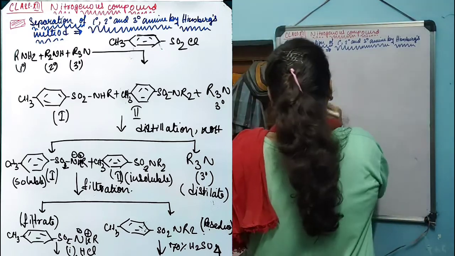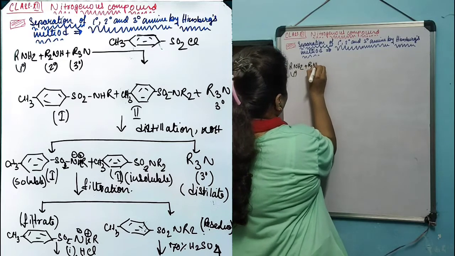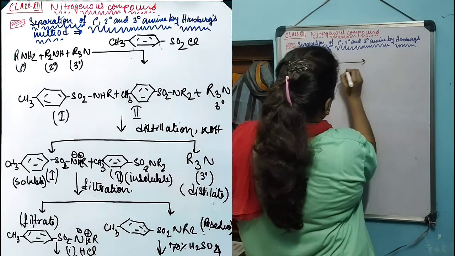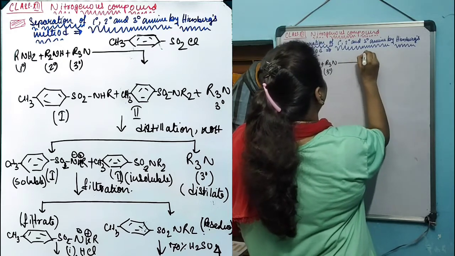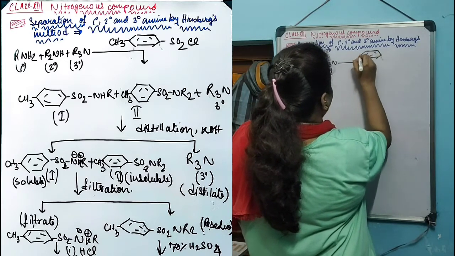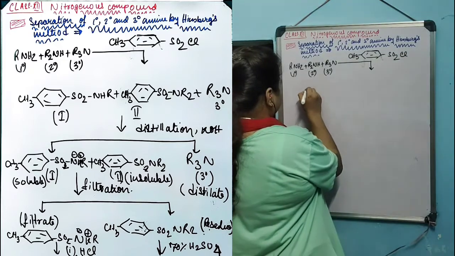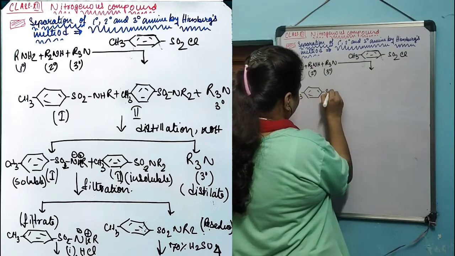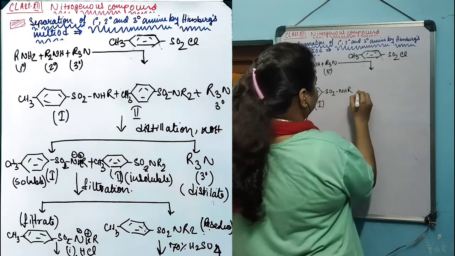The reaction is as follows. Suppose RNH2 1-degree amine, R2NH 2-degree amine and R3N 3-degree amine mixture is produced in the Hofmann method, and this is treated with benzene sulfonyl chloride compound. A mixture of products will be formed.